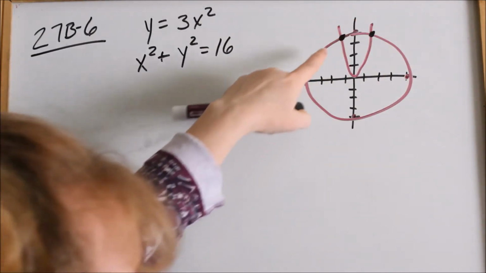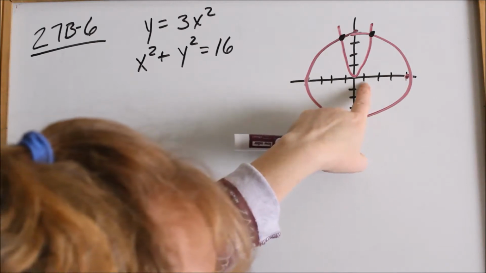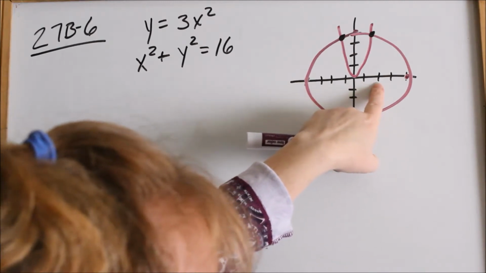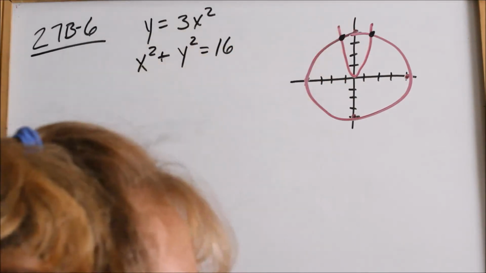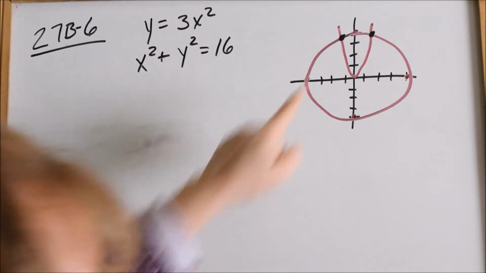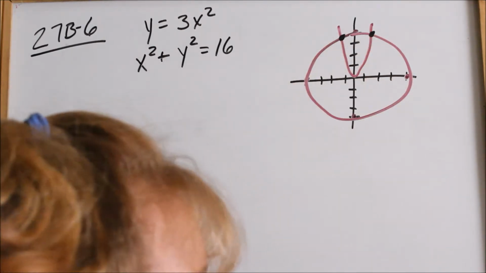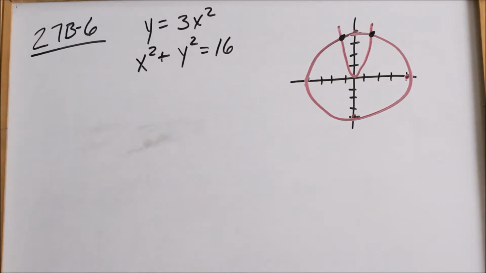And for these points, I can get an idea of the coordinates because I can see the x coordinate is going to be something lower than 2, and something up here close to 4. So at least the estimate helps me to know, when I calculate my answers, am I getting close to where these points are? This is just an estimate to help me see if my calculations are correct.